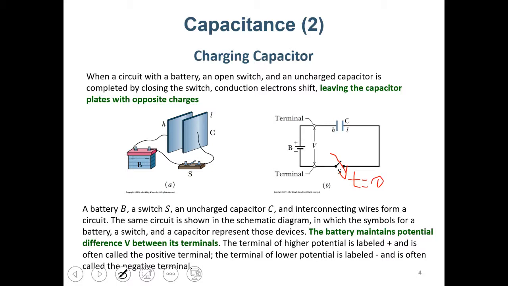You will be familiar with this notation from circuit analysis. It's closed when t equals 0, or t equals t0, something like that. When the switch is closed, the charge will go to this plate and this plate. So this will have positive Q, this will have negative Q.